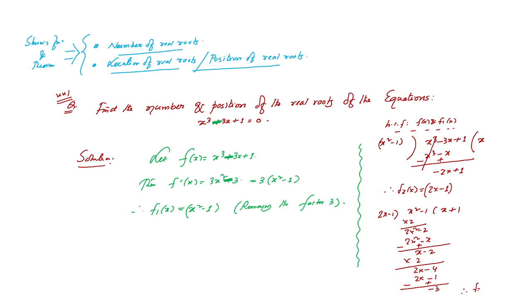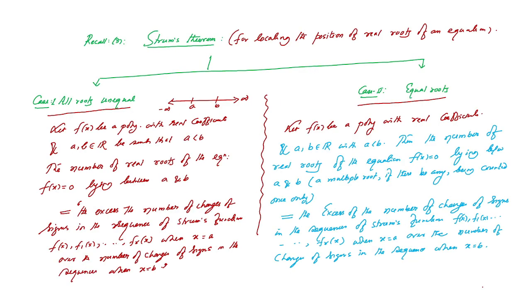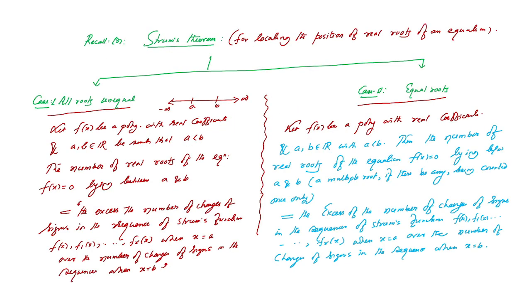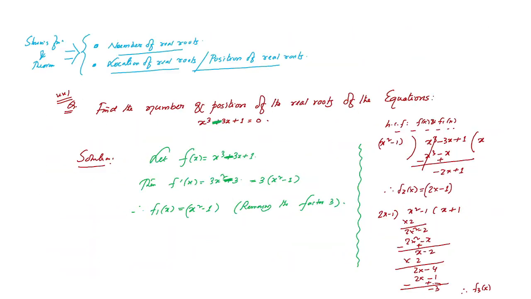So what will be f3(x)? The sign of the last remainder is also to be changed. So here f2(x) will be 2x minus 1 and f3(x) is basically a constant. So these are the Sturm functions.